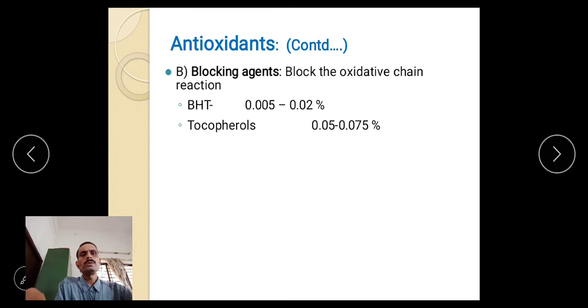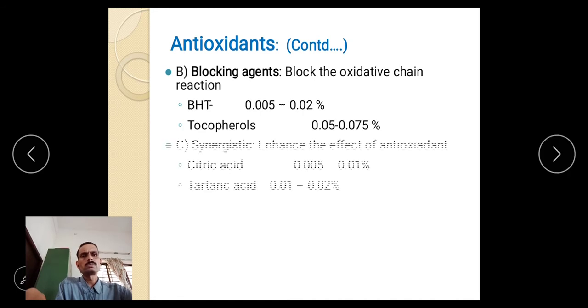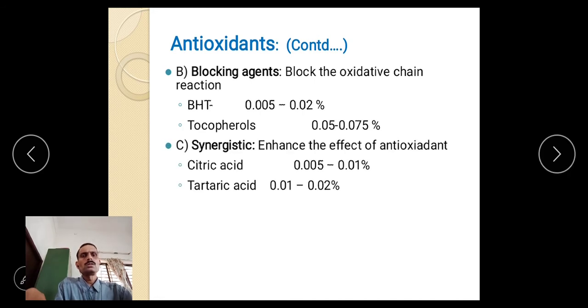Then second, blocking agents. They block the oxidative chain reaction. Examples are butylated hydroxytoluene and tocopherols. Third, synergistic agents, which enhance the effect of antioxidants. Examples are citric acid and tartaric acid.